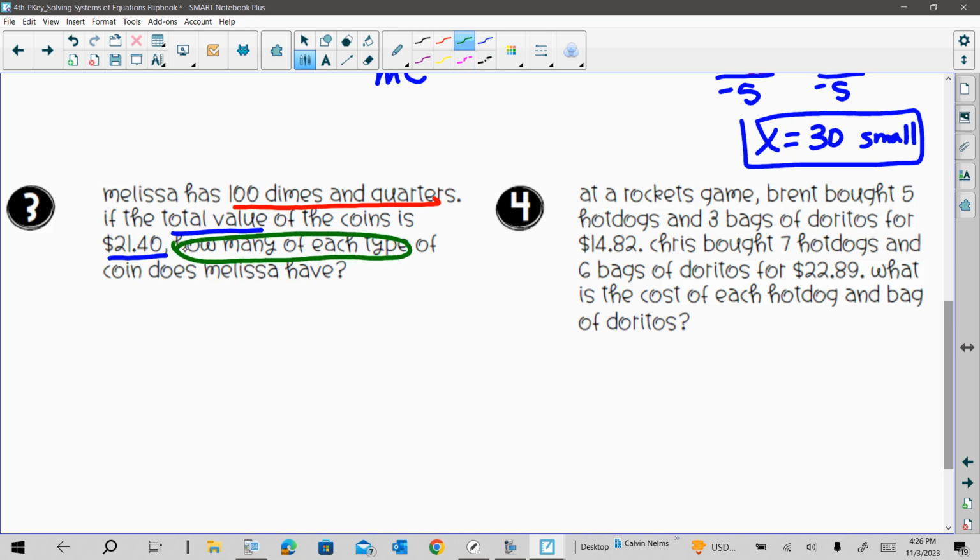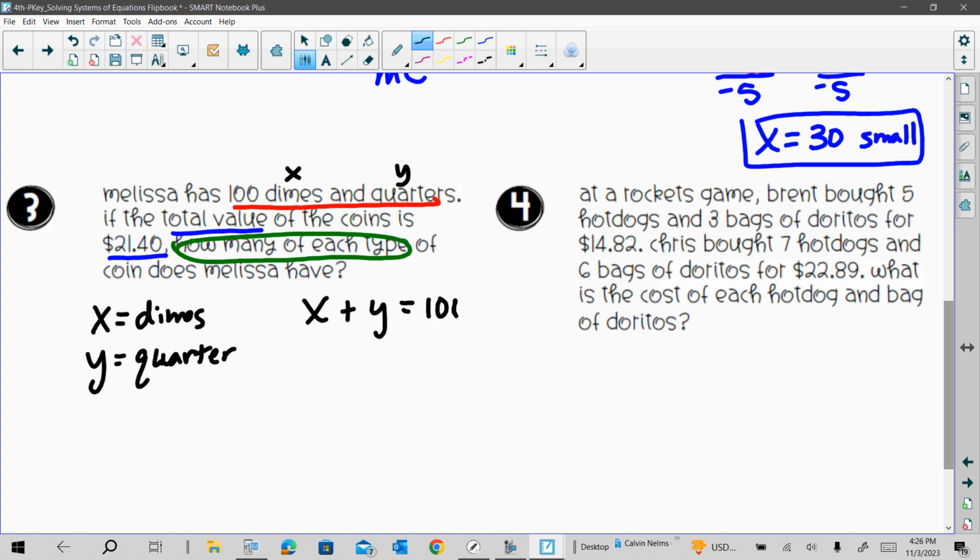So that's our question. Since we're talking about dimes and quarters, dimes could be my x and my quarters can be my y. Now, there is a total of 100 dimes and quarters. So our first equation with that first part of the sentence is just x plus y equals 100.